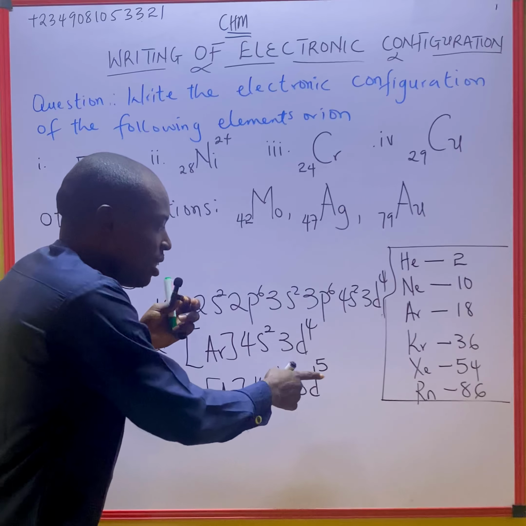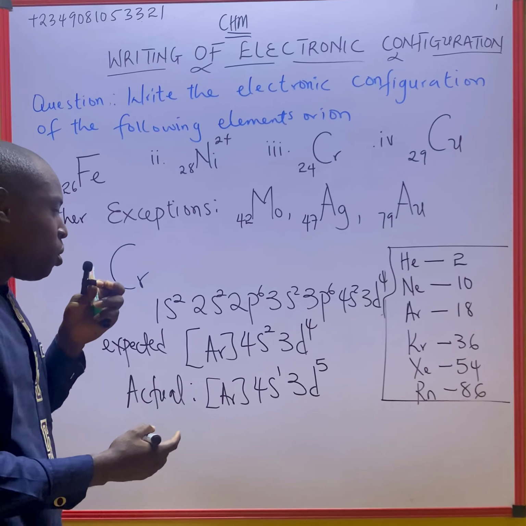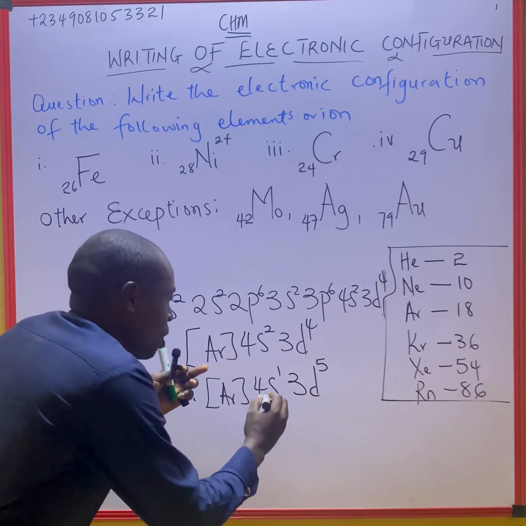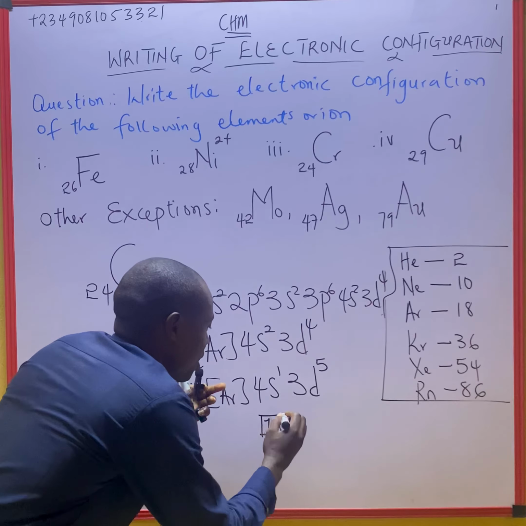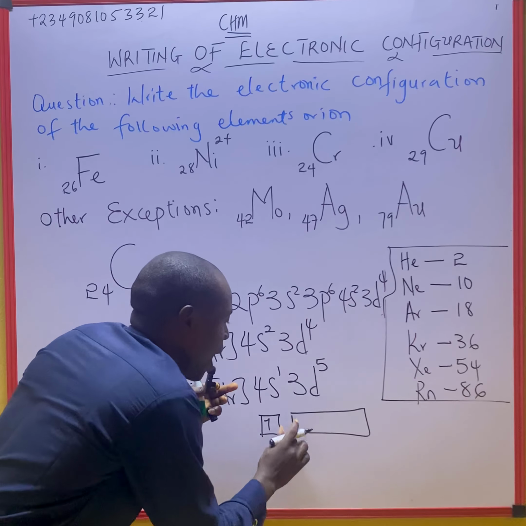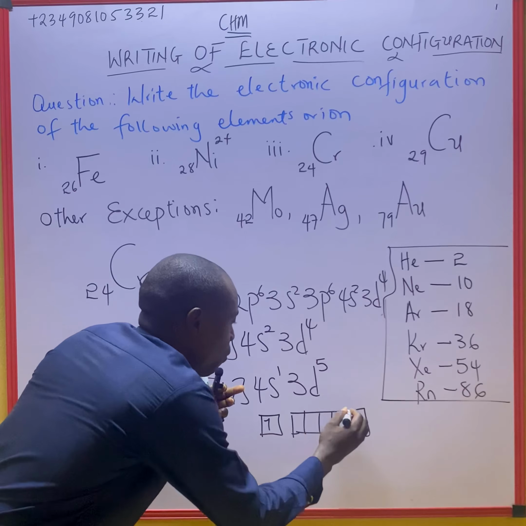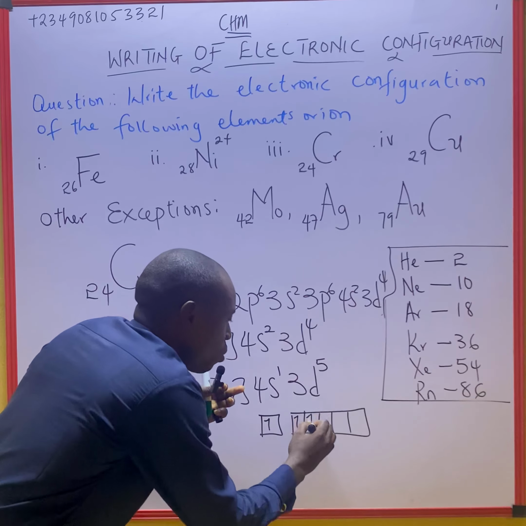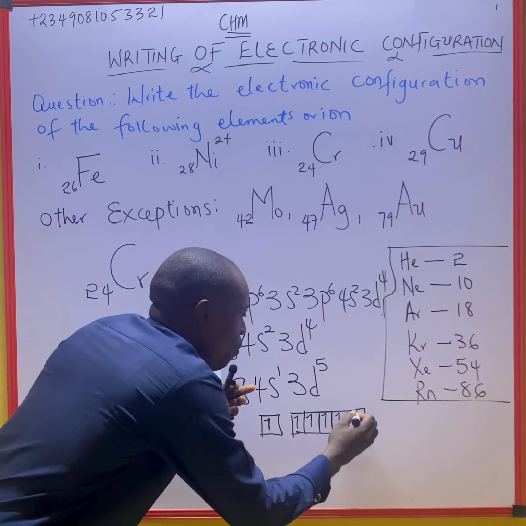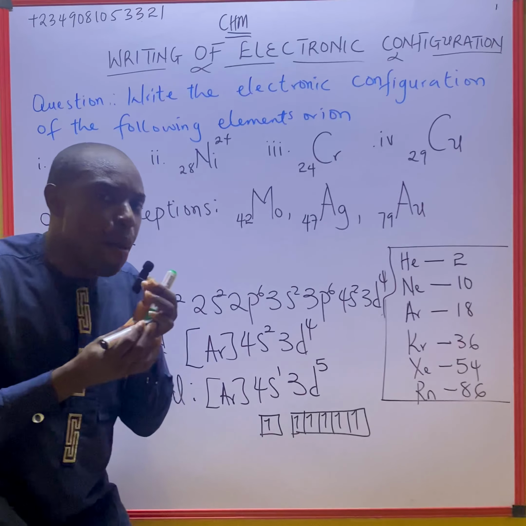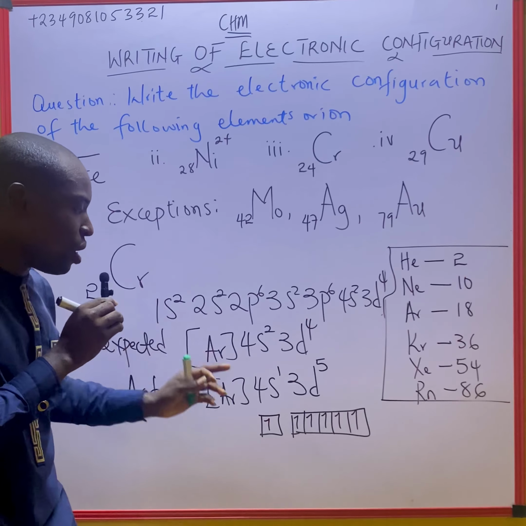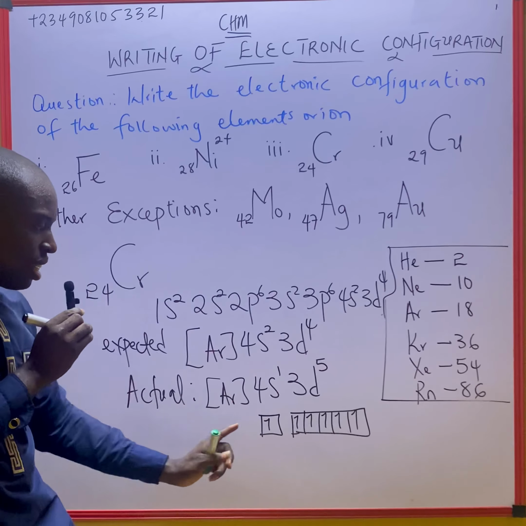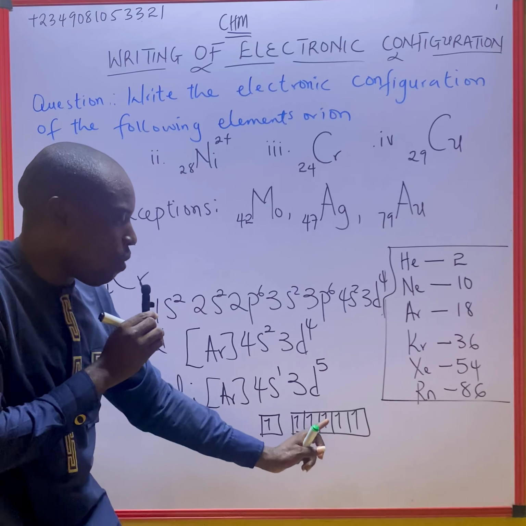4s1, 3d5. And if I'm to write it using the orbital box notation, here we simply mean like this. Remember, the d orbital has 5 boxes: 1, 2, 3, 4, 5. So for these 5, we place electrons singly: 1, 2, 3, 4, 5. Now, if they ask you how many unpaired electrons we have here, the number is 6: 1, 2, 3, 4, 5, 6.